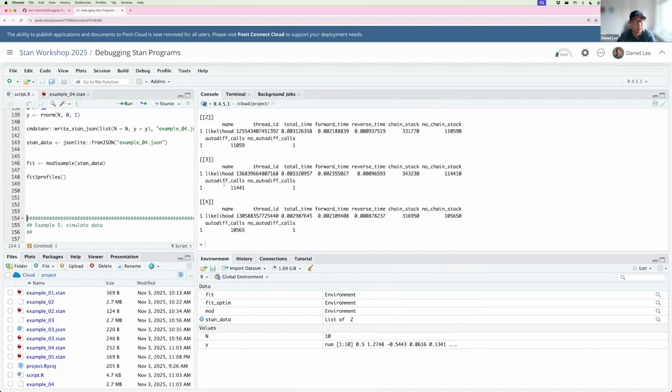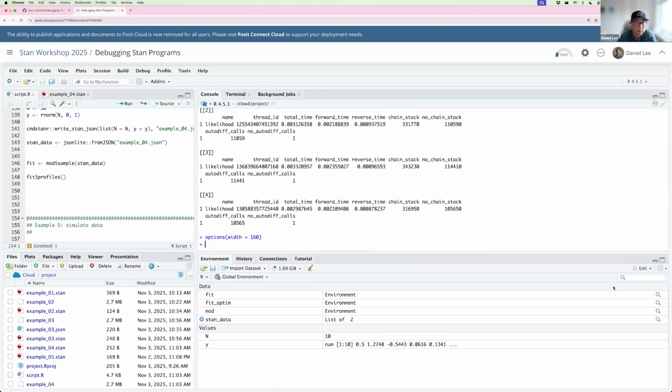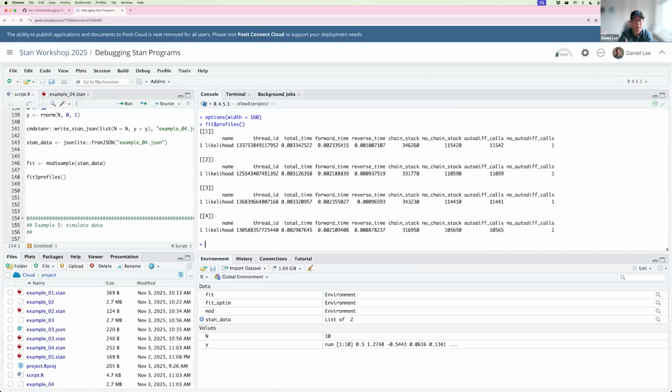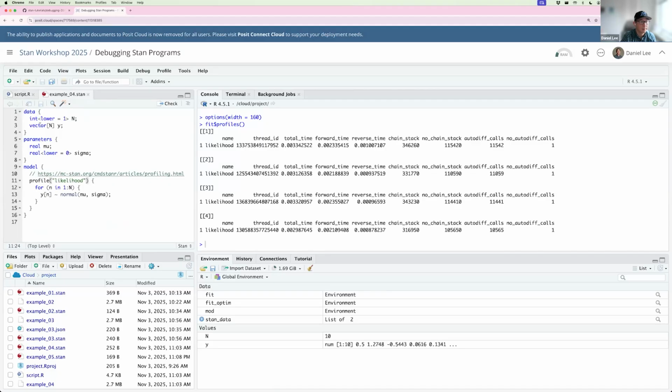I'm just making it so that things print out all the way across. And we'll walk through what's happening here.